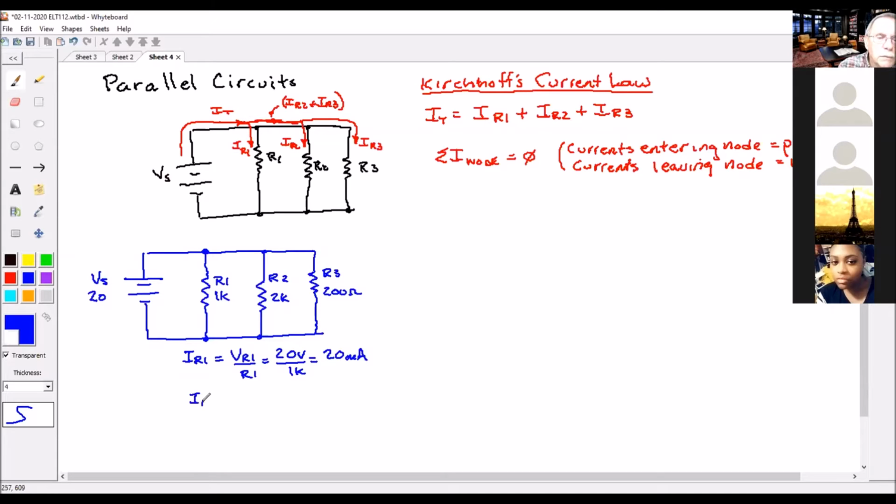I sub R2, V sub R2 over R2, 20 volts divided by 2K, 10 milliamps. I sub R3 is V sub R3 over R3, 20 volts divided by 200 ohms, 100 milliamps.